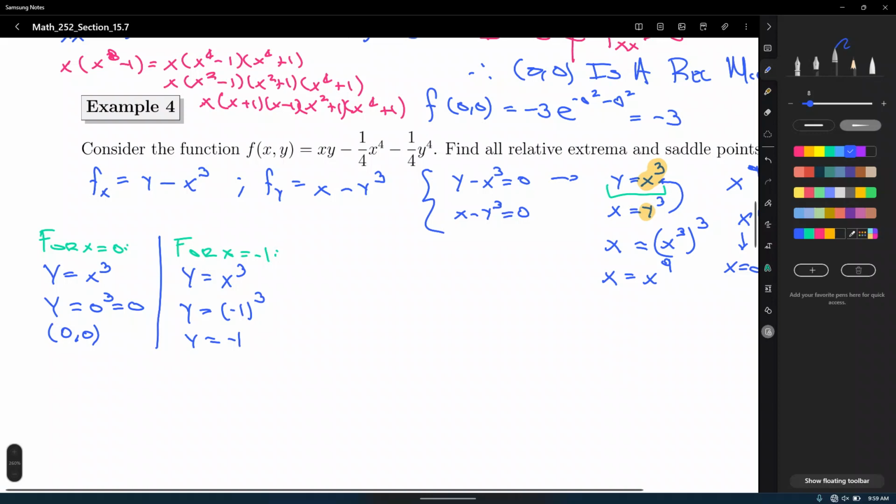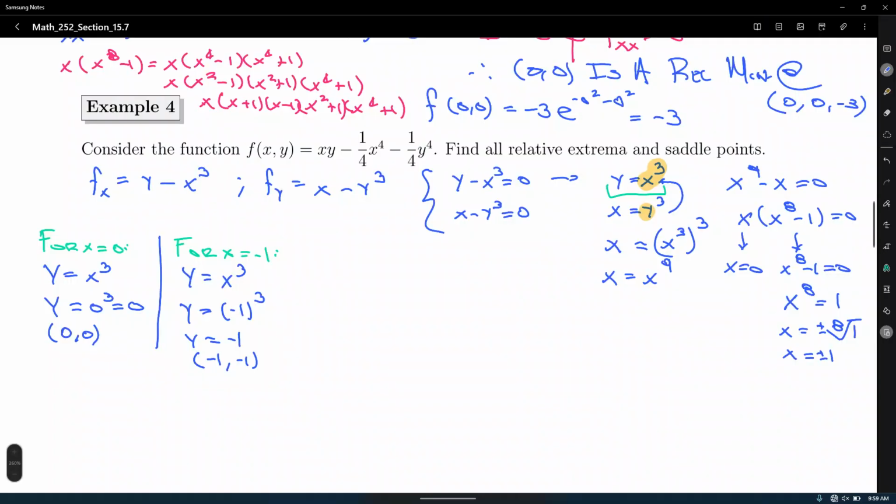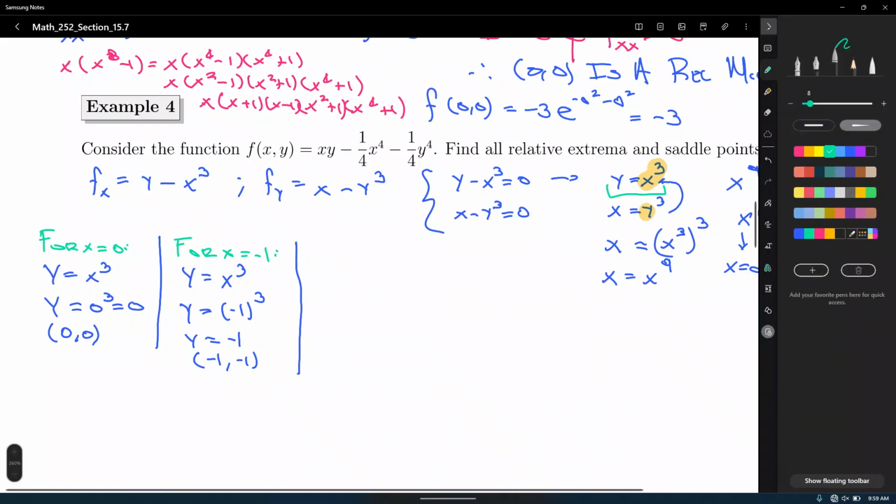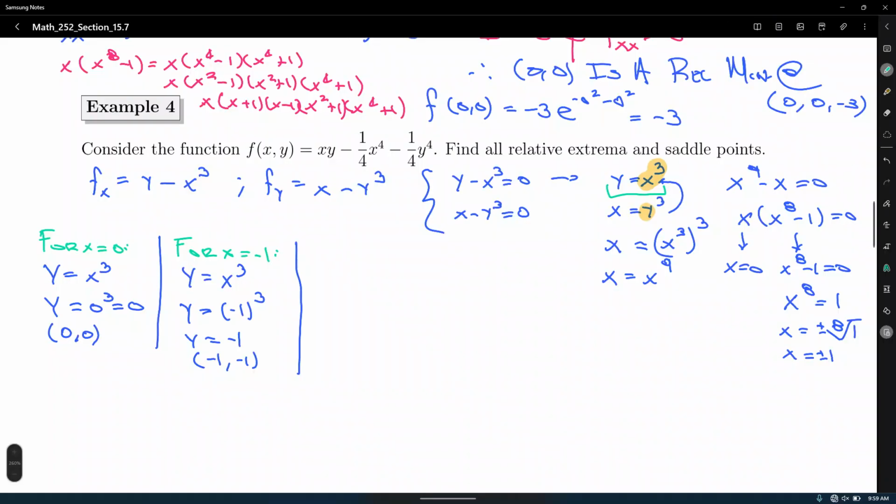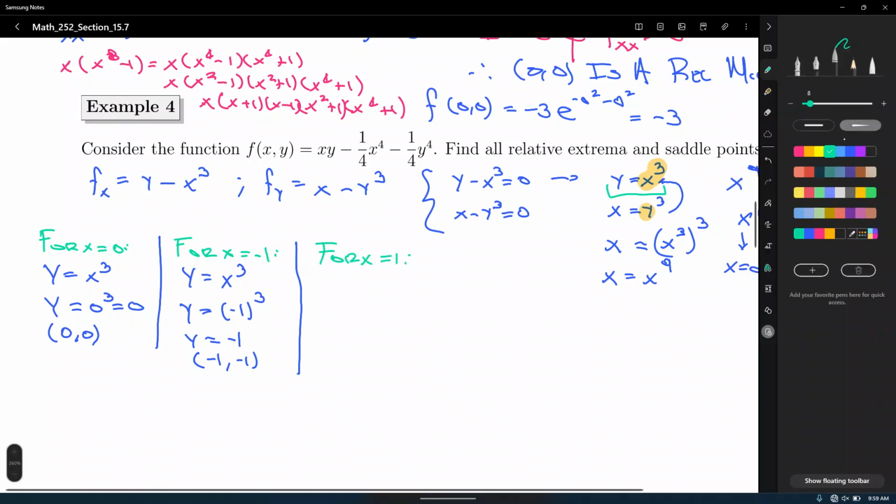So that's going to give us the point -1, -1. One more critical point: for x equals 1, we're going to use the same y expression, y equals x cubed, and y equals 1 cubed, which is 1. That's going to give us the point 1, 1.